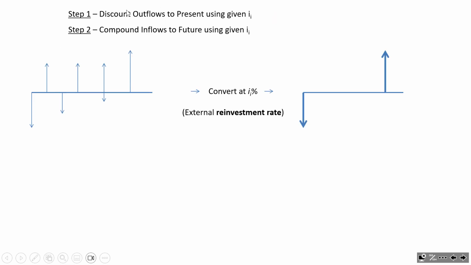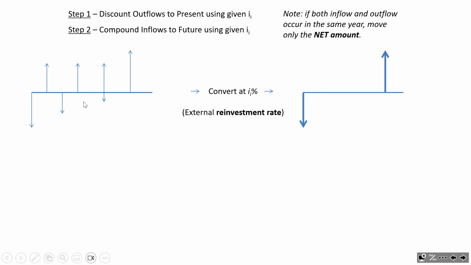So this is kind of a graphical representation of it. You're starting off with some cash flow diagram that's got outflows and inflows. You take all of the outflows to the present, all of the inflows to the future, and the interest rate you're using for that is the given external reinvestment rate.